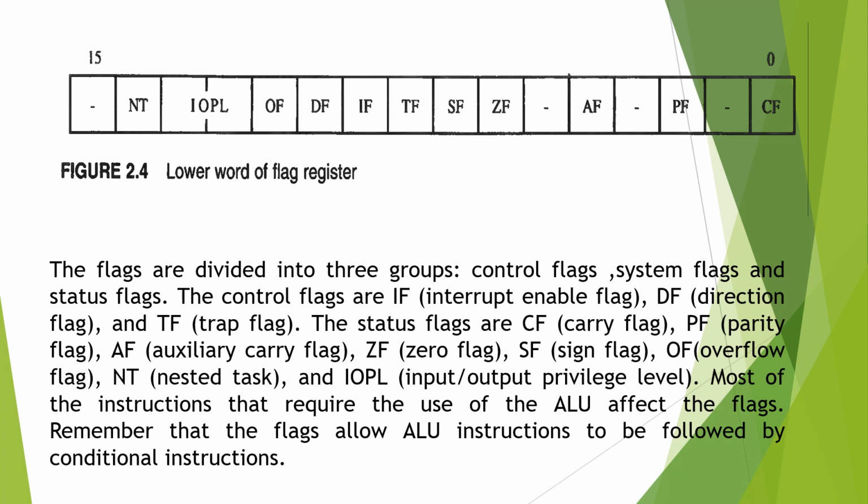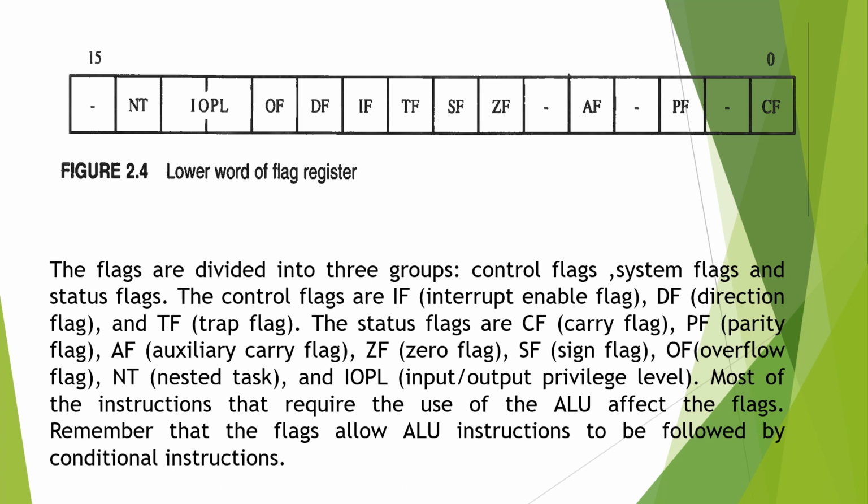The flags are divided into 3 groups: control flag, system flag and status flag. The control flags are IF, the interrupt enable flag, DF, the direction flag, and TF, the trap flag. The status flags are CF carry flag, PF parity flag, AF auxiliary carry flag, ZF zero flag, SF sign flag, OF overflow flag, NT nested task and IOPL input output privilege level.